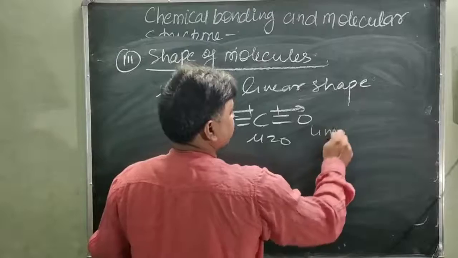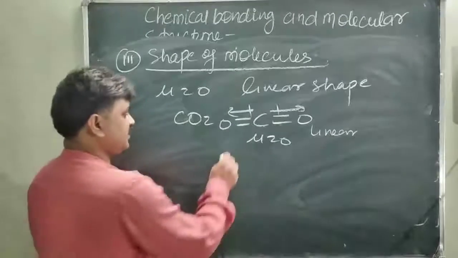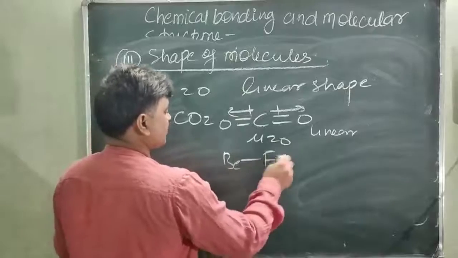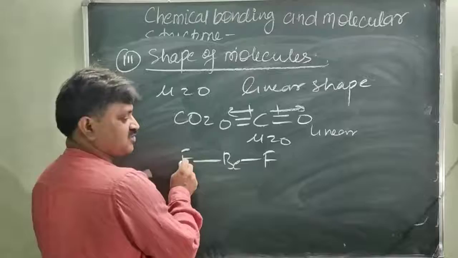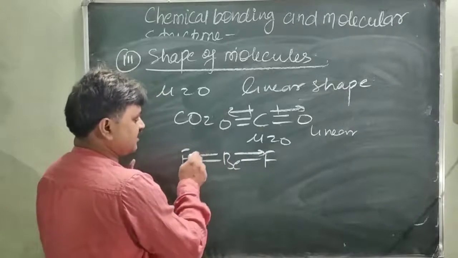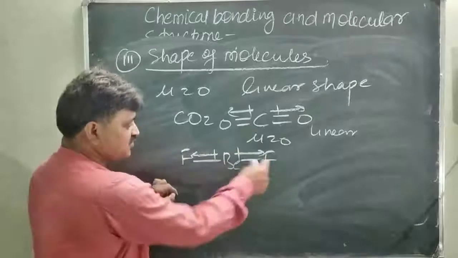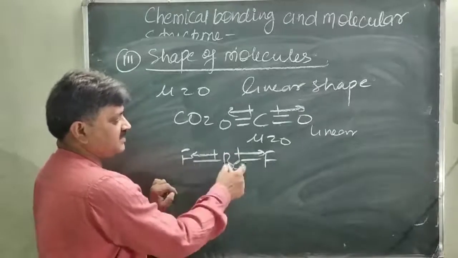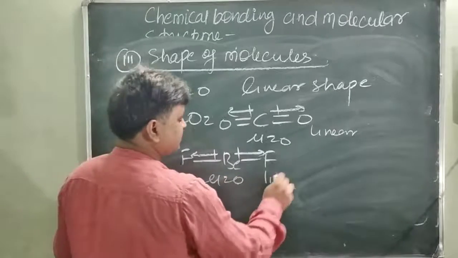This is linear shape. Just like in case of BeF2, fluorine is more electronegative. Here is also the same fluorine, so it attracts electron here and attracts electron here, but both coincide with each other because the same atom is present on both sides of the beryllium atom. So their dipole moment mu is equal to 0. Thus it is linear.